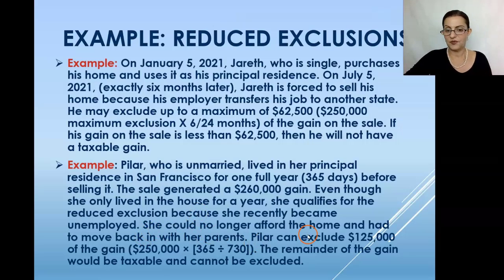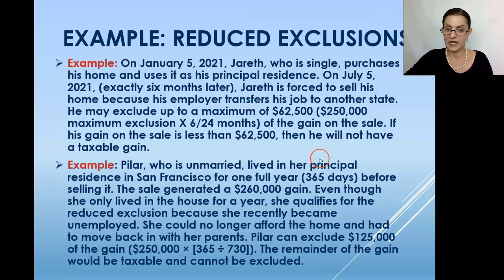So she could no longer afford the home and had to move back in with her parents. So she sold the house, but she only lived in it for 365 days. So Pilar can exclude $125,000 of the gain. So that's half of $250,000, which would be the maximum that she would be able to exclude if she actually had lived in the home and owned it for 2 years. But remember, she only lived in it for 1.